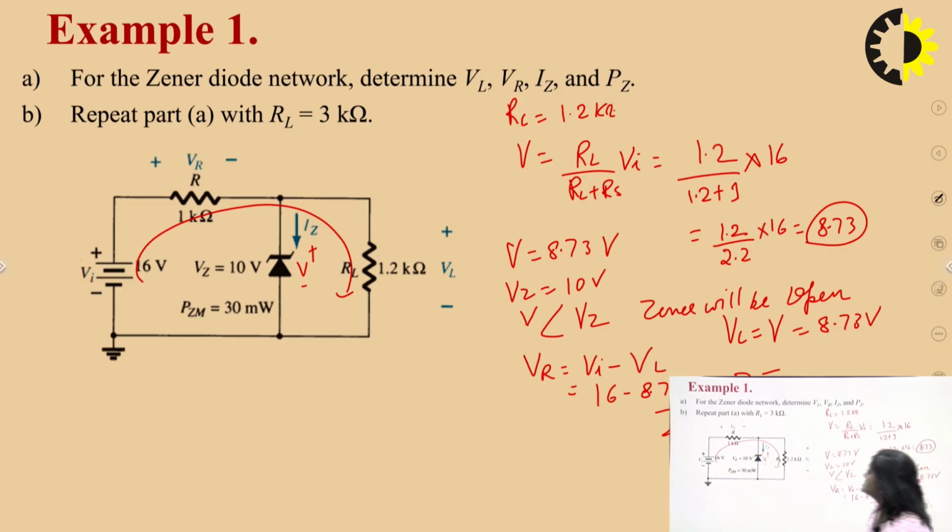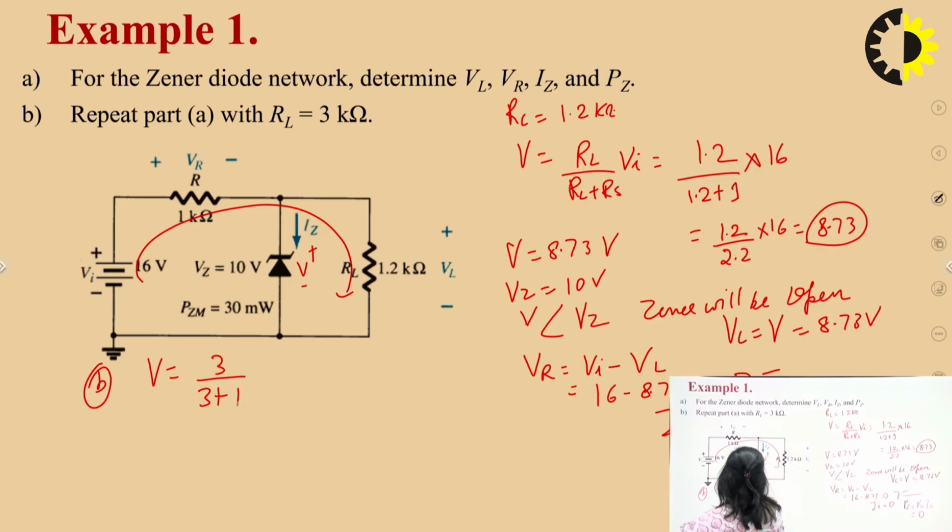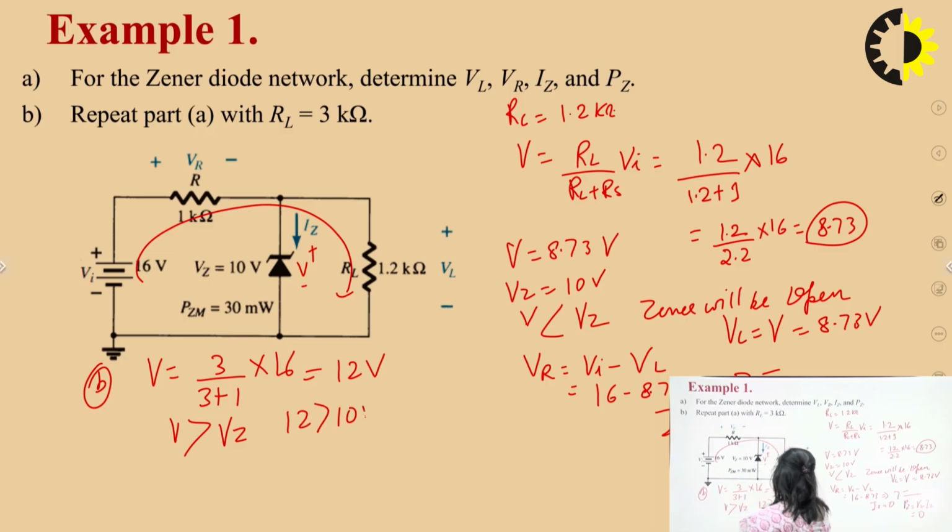So this is the first case, and for the second case, the B part, we can find the value of V, that is 3 upon 3 plus 1 multiplied by 16. It will be 12 volt. Now we can see this V is greater than VZ, meaning 12 is greater than 10 volt.